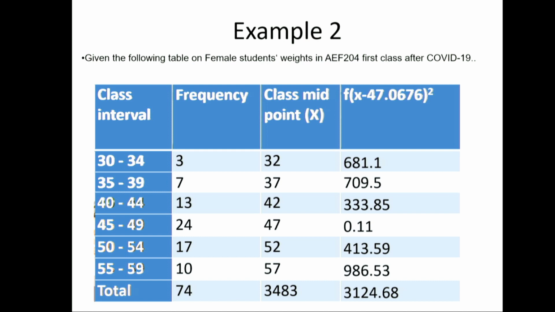The total frequency was 74. Then the total of f into s minus s bar square will give us 3128.68.